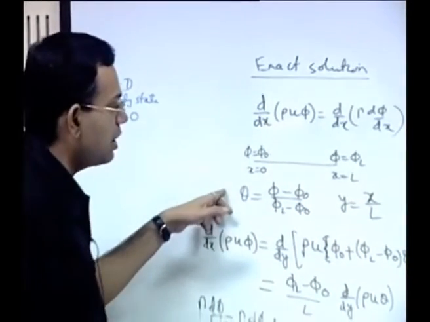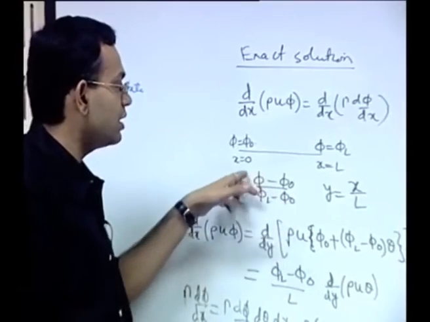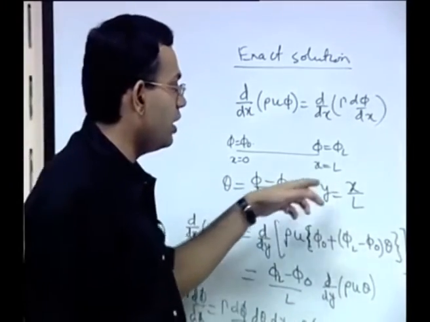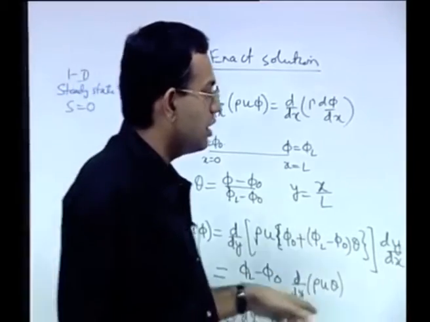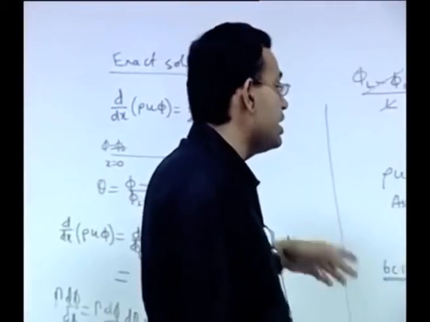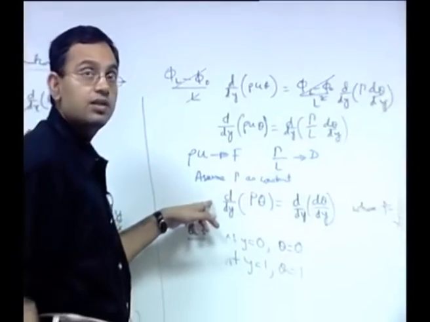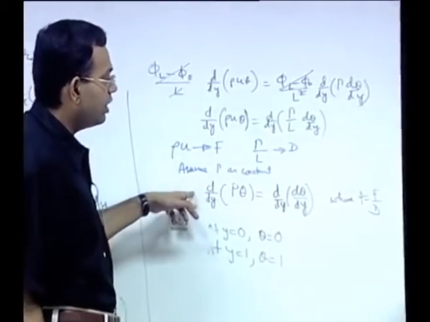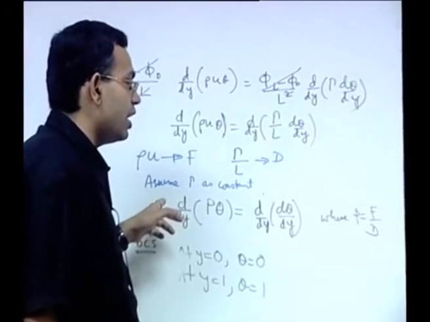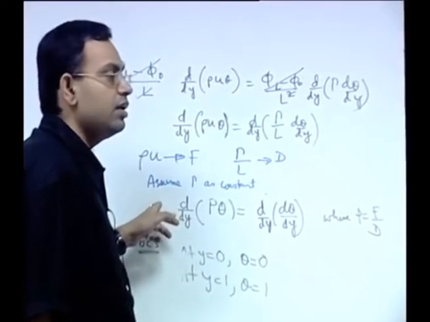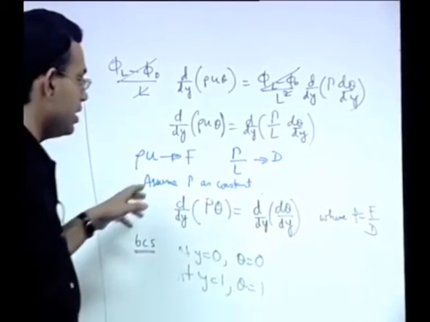Then we introduced a non-dimensional variable theta as (phi minus phi 0) by (phi L minus phi 0), with the intention that theta lies between 0 and 1, and similarly a non-dimensional x which also lies between 0 and 1, that is y equal to x by L. With this rescaled coordinate system, we obtain the governing differential equation: d/dy of (P theta) is equal to d/dy of (d theta/dy), where P is the Peclet number based on the length scale L, that is F by D, where F is equal to rho u and D is gamma by L. We have assumed during these derivations that gamma is a constant.